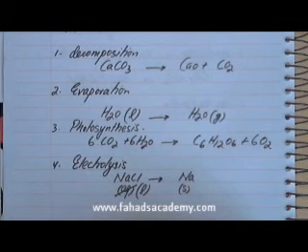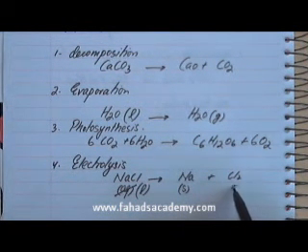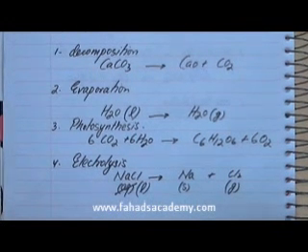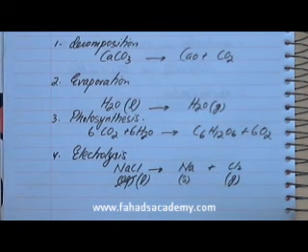Sodium metal is formed at the cathode and chlorine gas is given off at the anode. So electrical energy is absorbed, taken in, to decompose NaCl. That's another form of an endothermic reaction.